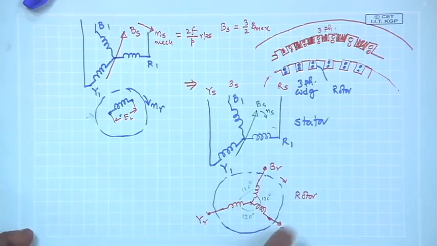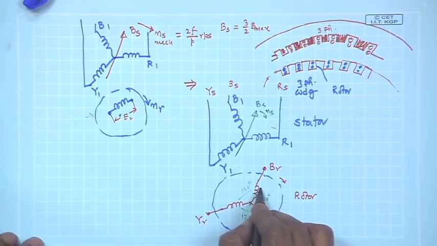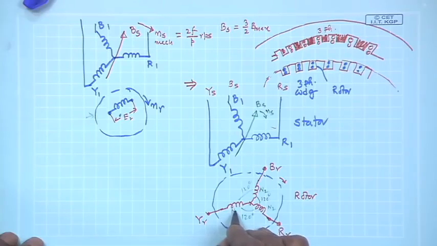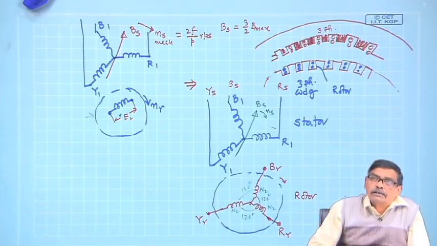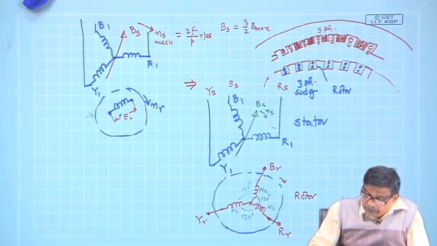Therefore, each coil will become a seat of EMF, and since it is a balanced winding, the number of turns of the secondary coils being N2, N2, N2 per phase, there will be induced voltage in this coil, in this coil, and in this coil, and the RMS values are expected to remain the same.